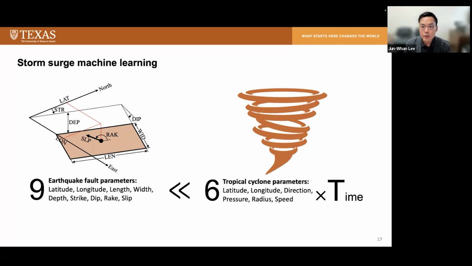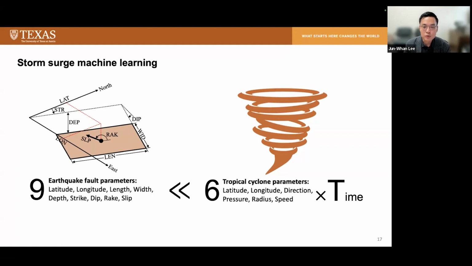The input of storm surge modeling is usually represented by 6 tropical cyclone parameters, such as the location, direction, pressure, radius of maximum wind speed, and so on. And the problem is that those values change over time.